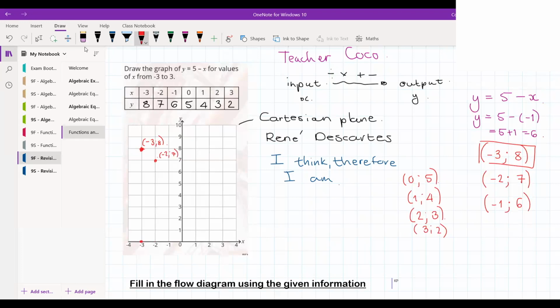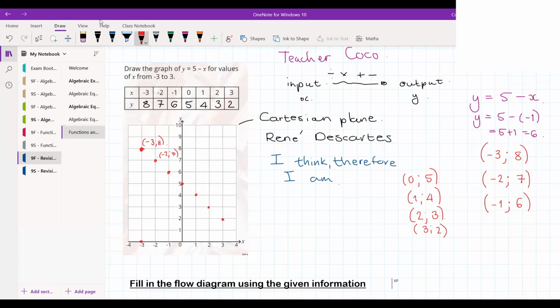Santrushka, you don't have to use the dotted lines that meet. I'm only doing that in case somebody doesn't know how to find those points. Okay, but I'm sure at this point, everybody knows how to plot these, yes? Okay, -1 and 6 will be there, 0 and 5 will be there, 1 and 4 will be here, 2 and 3 will be there, 3, x is 3, y is 2, there.